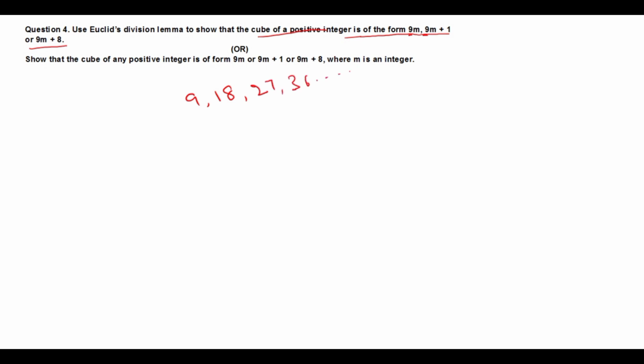All these numbers are divisible by 3. That means a number divisible by 9 is divisible by 3 also. So instead of 9, I am going to take 3 as the divisor. How do we write the answer?